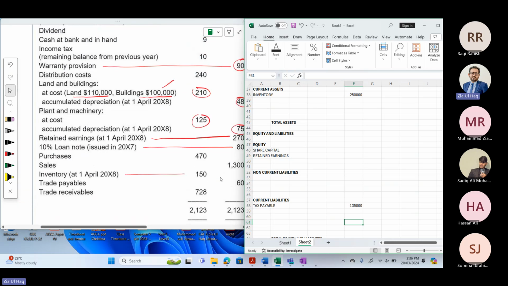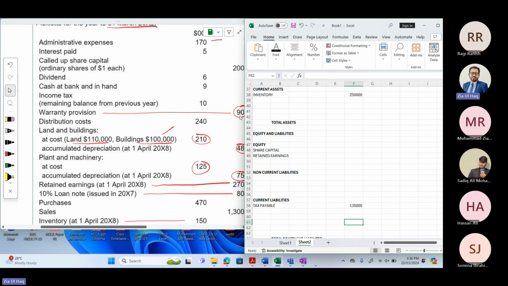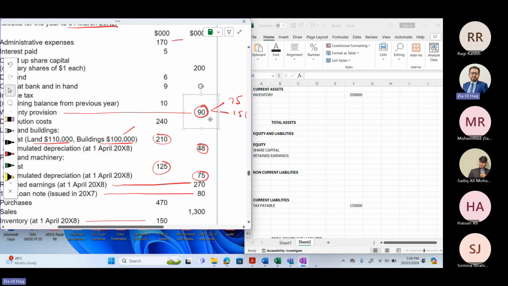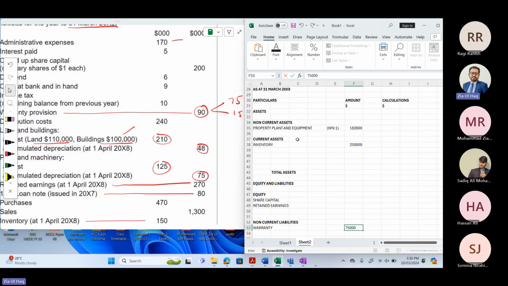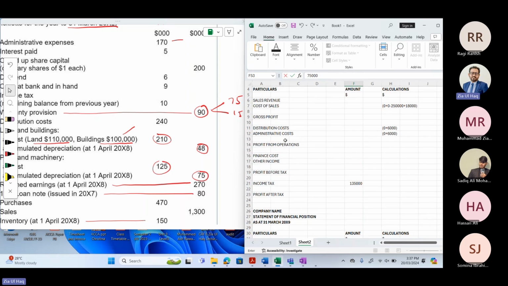This means out of this 90 warranty, 75,000 should be recorded as warranty under non-current liabilities instead of 90, and the 15,000 that was overcharged should be deducted from admin expenses. So where are admin expenses here? From this amount we need to deduct 15,000 as well.